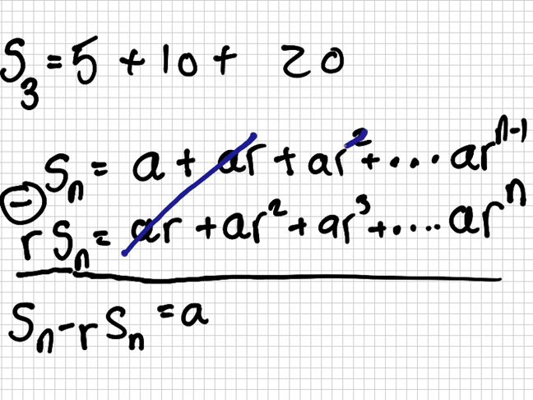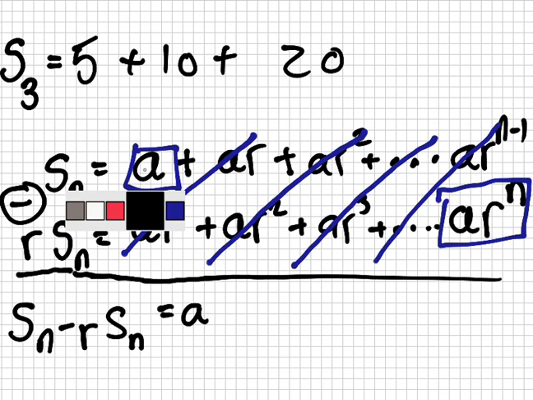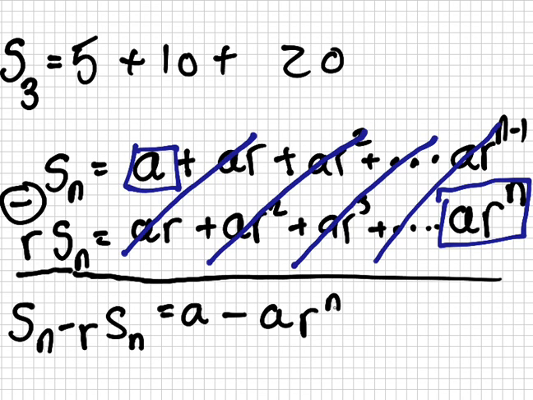You have AR squared minus AR squared, they cancel each other. You'll have AR cubed minus AR cubed. They cancel, leaving only the last term and the first term. Everything else has cancelled. So we have A minus AR^n.